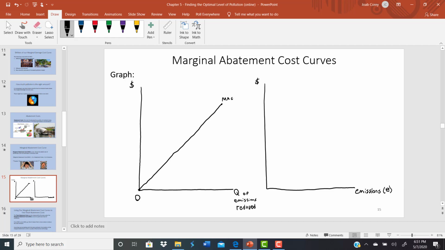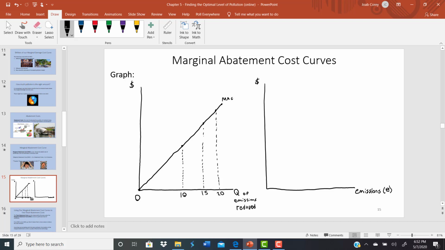Basically saying that, hey, as we reduce more emissions, our costs are going to be higher. In other words, that might be the marginal abatement cost of reducing 10 emissions, right? This might be the marginal abatement cost of reducing 15 emissions, and this might be the marginal abatement cost of reducing 20 emissions. The more emissions we reduce, then the more those abatement costs are.